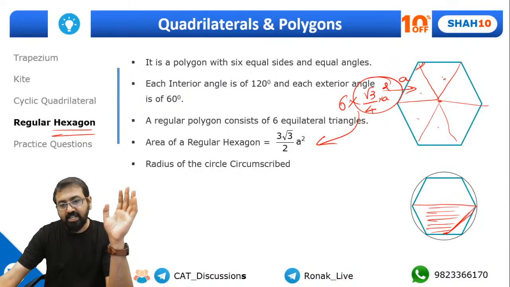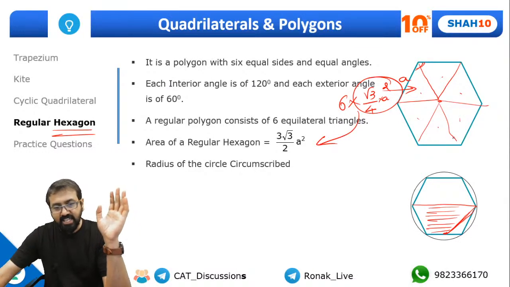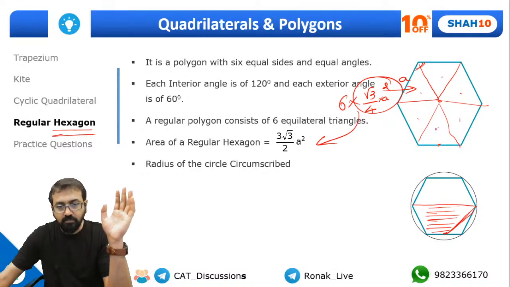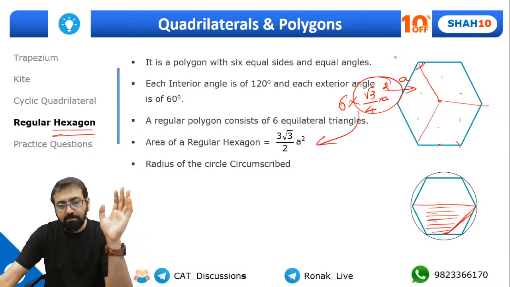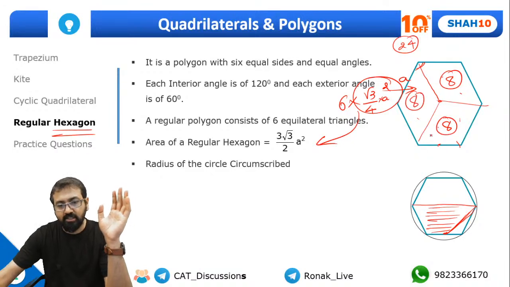Once I have divided the regular hexagon like this, now let me connect it over here. Can I say in this figure, if the complete hexagon area is 24 units, this will be 8 units, this will be 8 units, this will be 8 units, correct?